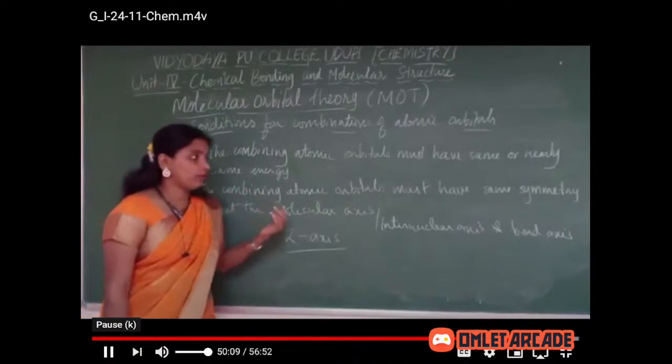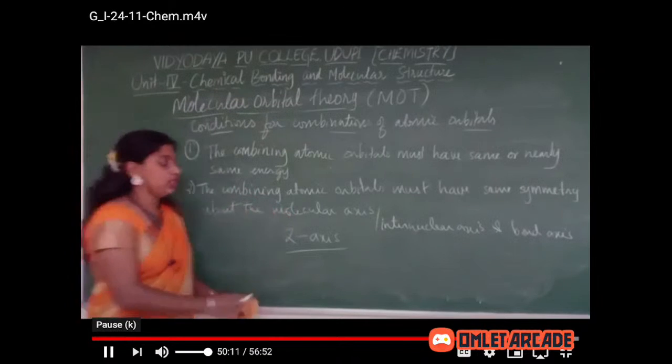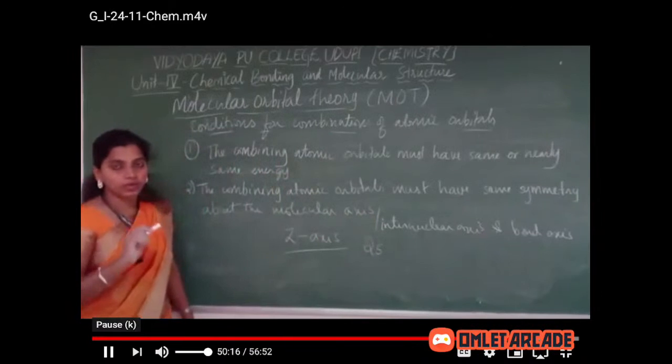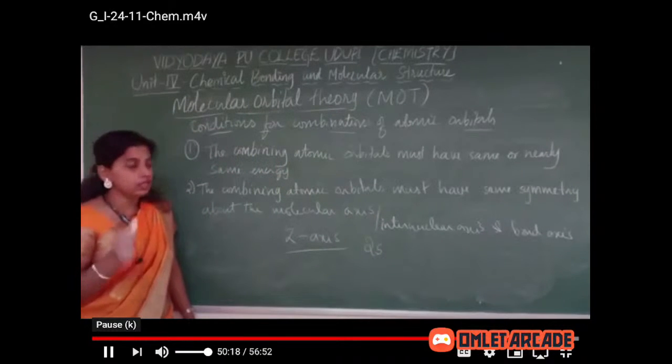So combining atomic orbitals must have same symmetry. If 2s and 2s combine, they have the same symmetry.